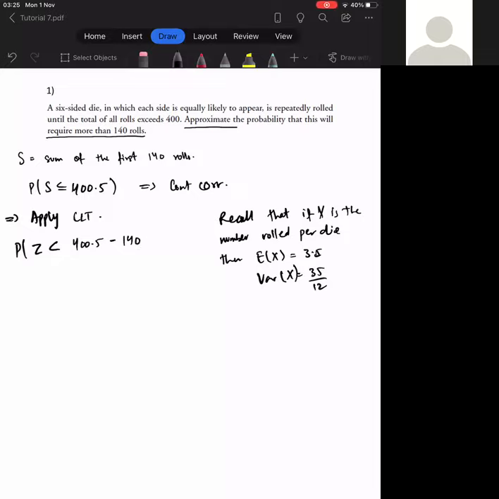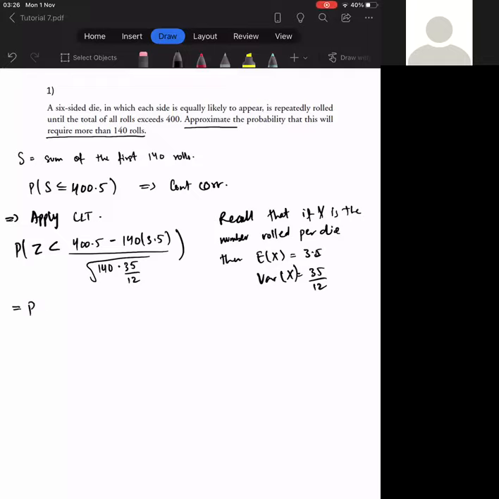We multiply 140 with the mean and subtract it from 400.5, and then we divide it by the standard deviation of the sum of all 140 rolls. So we'll first multiply 140 with the variance and then take its square root.